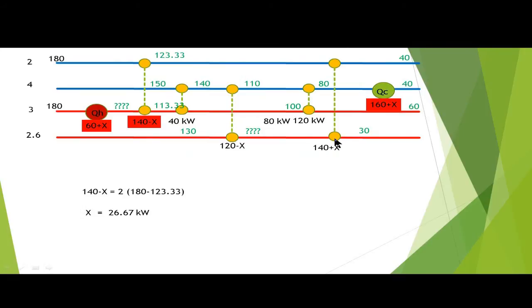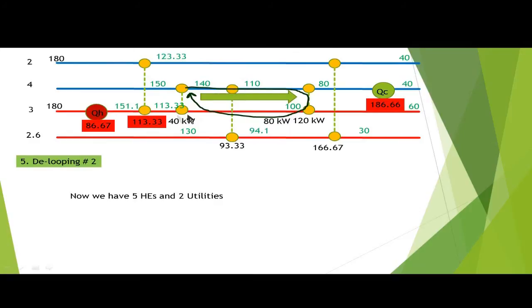Then when you change the heat load for each unit, there is some effect on the temperature between these two units. So next, you have to calculate that. You have to find out the temperature on this and that. Alright.